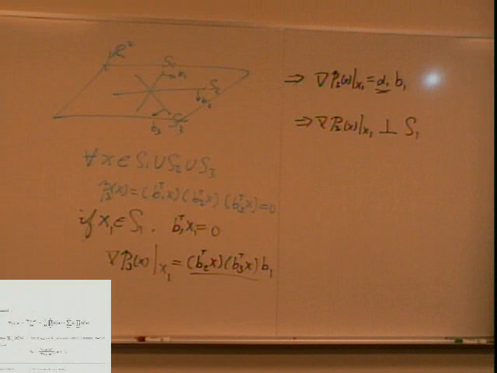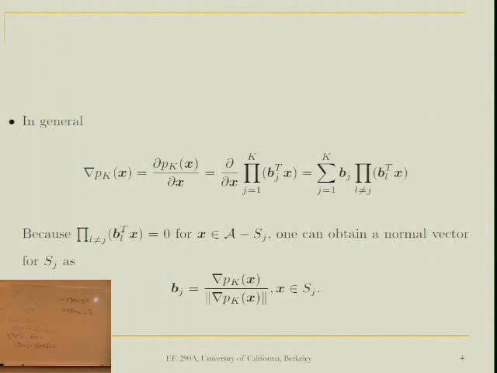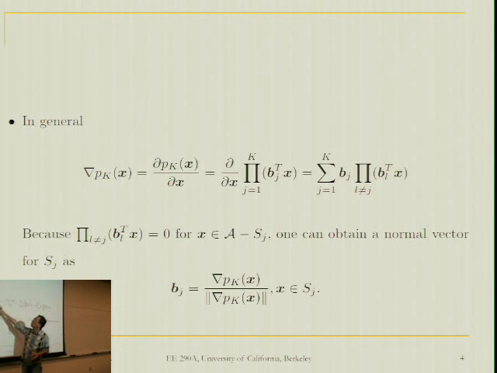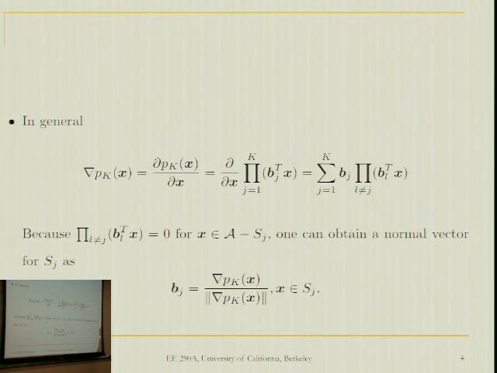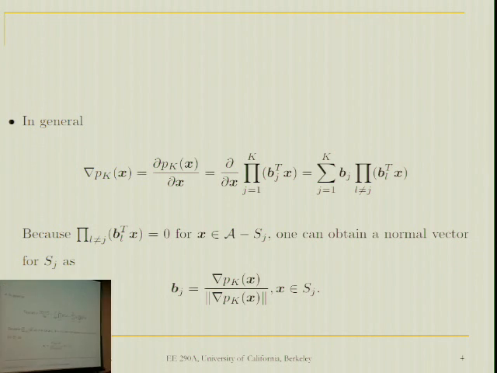So in general, if you have capital K number of hyperplanes, you can still use the same strategy to find the corresponding unique vanishing polynomial, at least up to a scale. And you can take the derivative of that vanishing polynomial, and evaluating the derivative at 1 point per subspace is going to eliminate all the terms except the term that is a scalar multiple of the normal vector of that hyperplane.